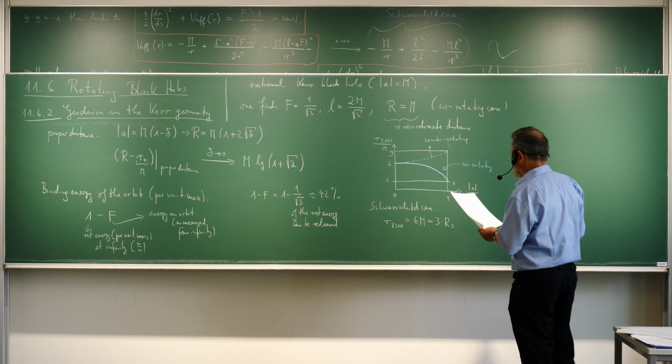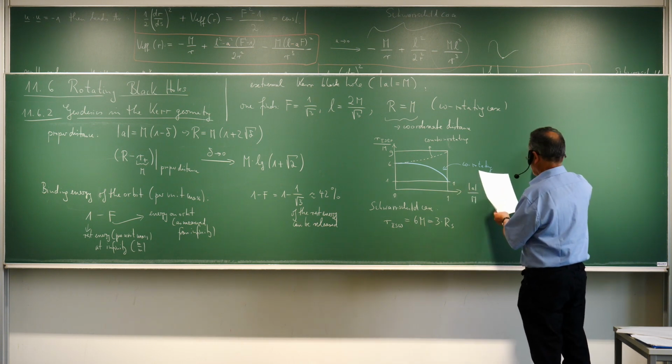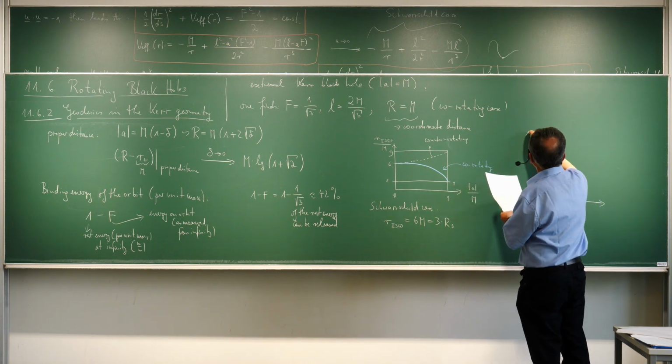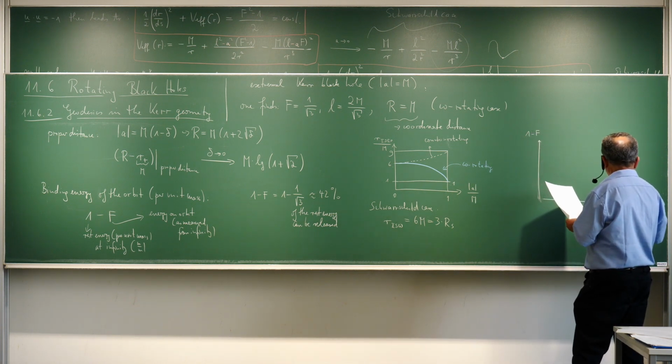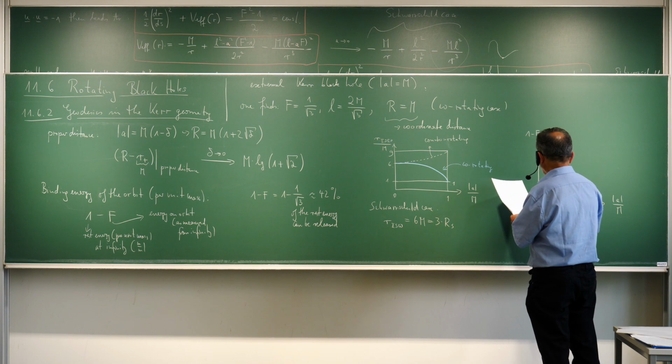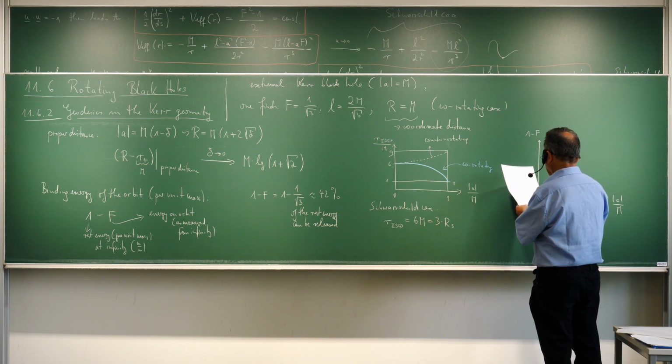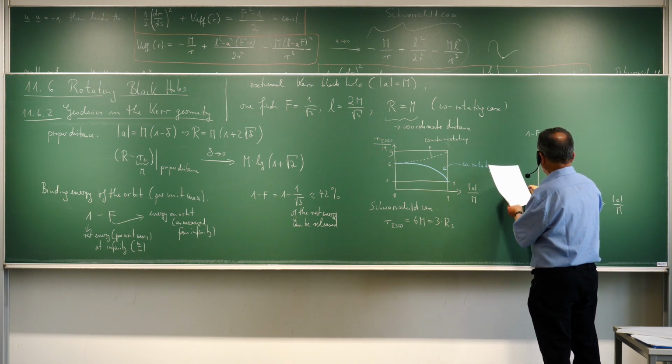And the binding energy is the following. So 1 minus f, and you have here A over M, and so here again the 0, and here say we have 0.1, 2, 3, 4, here is 0.4, so that's the maximum.